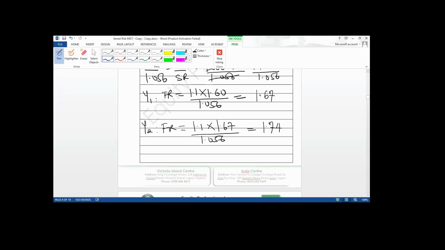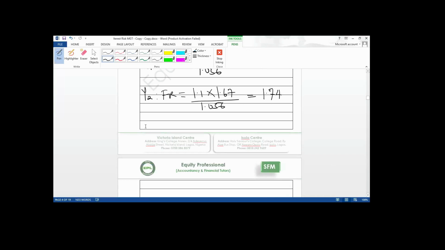If you want to get year three, it is equal to 1.1, pick what you have for year two, that is the only one that will be changing, divided by 1.056. What do you have? 1.81.